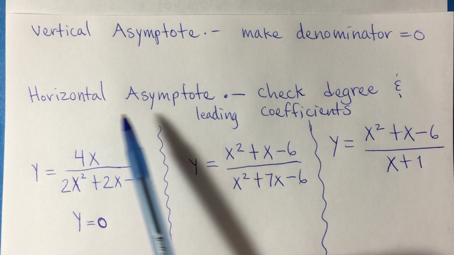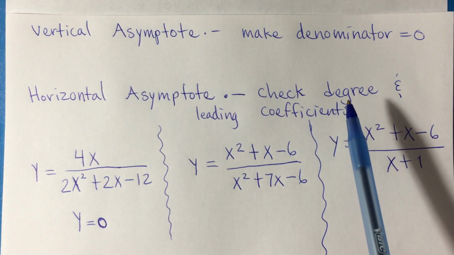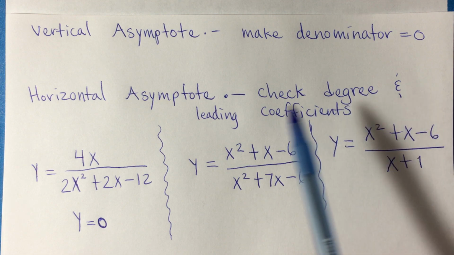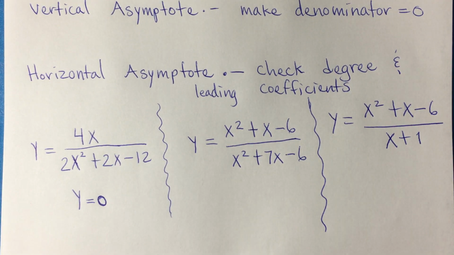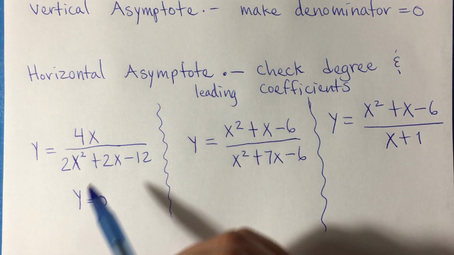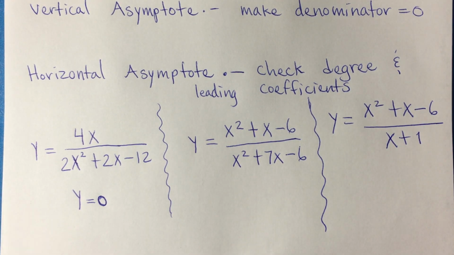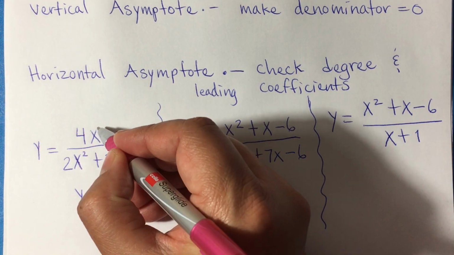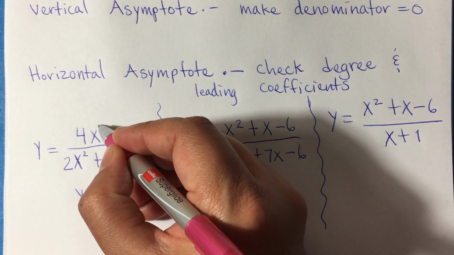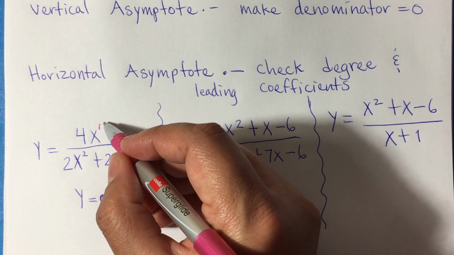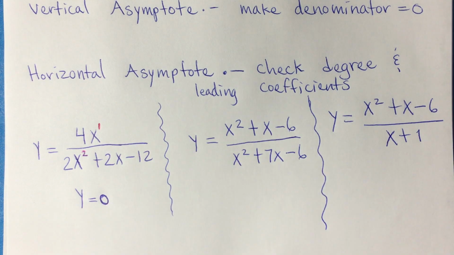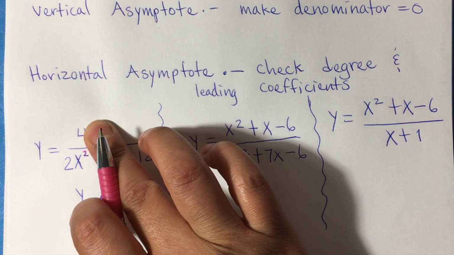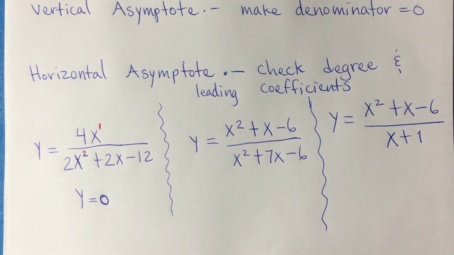Okay, for the horizontal asymptote, we have to check the degree and the leading coefficients. And here I have some examples just to find that horizontal asymptote. Remember, when the degree is smaller on the top. So in here we have a 1, in here we have a 2. Or even if there is no x, that means x to the 0.